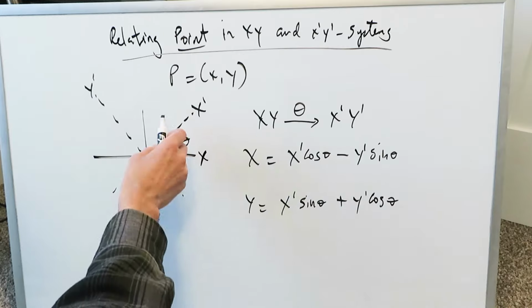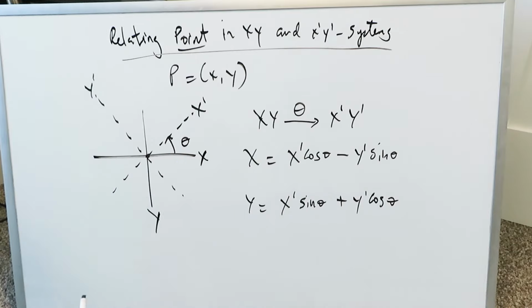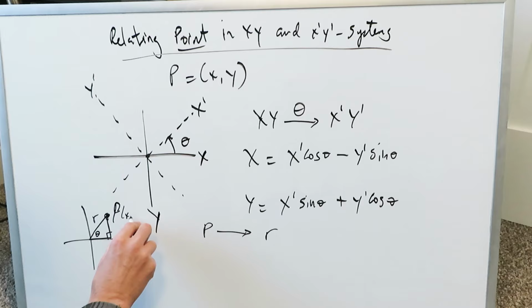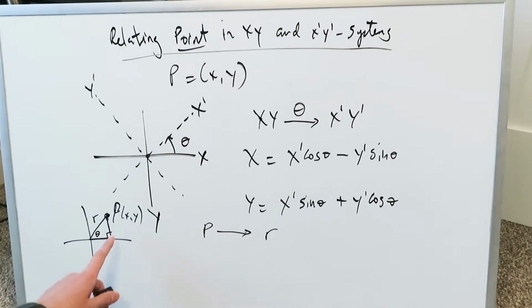Whenever you're presenting a point in one system, we'll call that xy point in one system, and it has a certain r, which is the hypotenuse, and this is what I'm talking about. If you have a certain point here P, you have a certain x dimension, you have a certain y dimension, you have a certain angle here, a right triangle develops, you have a certain r, the distance from the origin to that point P. That point P is made of a certain x and a y coordinate value.